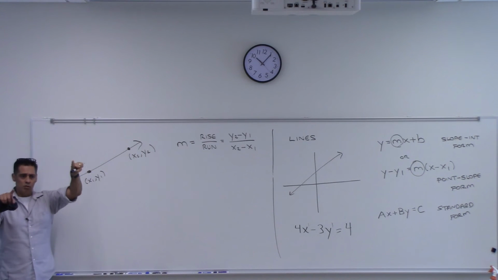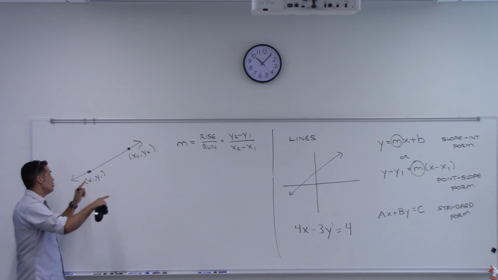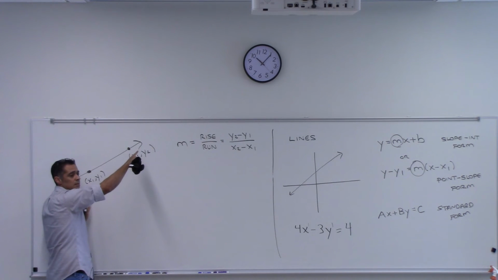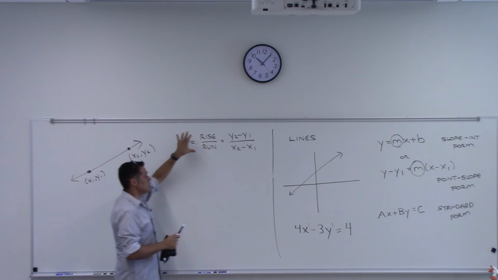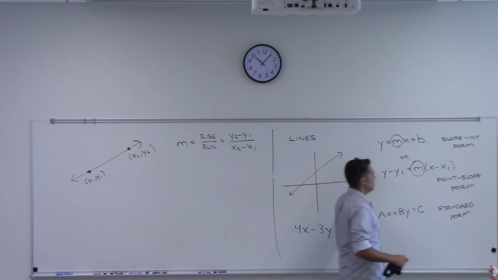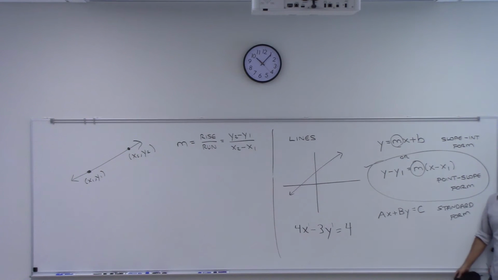So if somebody gives you 2 points on the line, you should be able to find the slope of that line using that formula. And then once you have the slope, you can use this formula to find the equation. I'm going to do an example so that you can just remember how to do this, right?